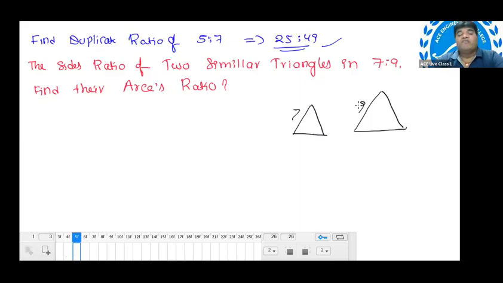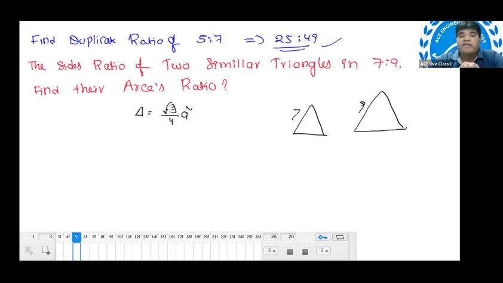Only the side is given. By using only the side, what is the triangle area? That is my requirement. When only the side is given, the triangle area is root 3 by 4 A square.